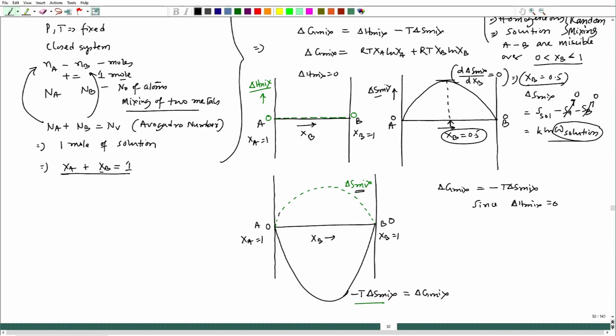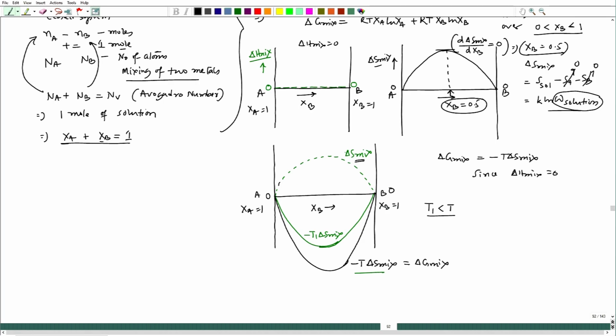So, if we reduce the temperature, this particular quantity goes up. This is, let us say, minus T1 del S mix, and this is T, and here the relation between T and T1 should be T1 is less than T.